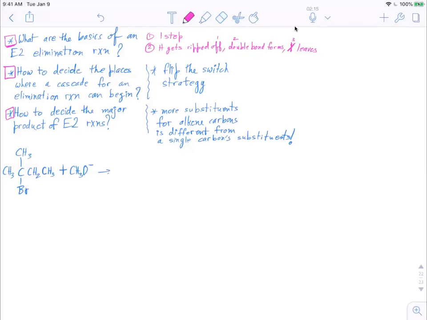So let's draw one of them. So assuming it is right here, CH3, and this is a strong base. And there's a CH3 here. Now I would like to attack right here because that is directly related to bromine, but there's another place that could work, which is right over here.